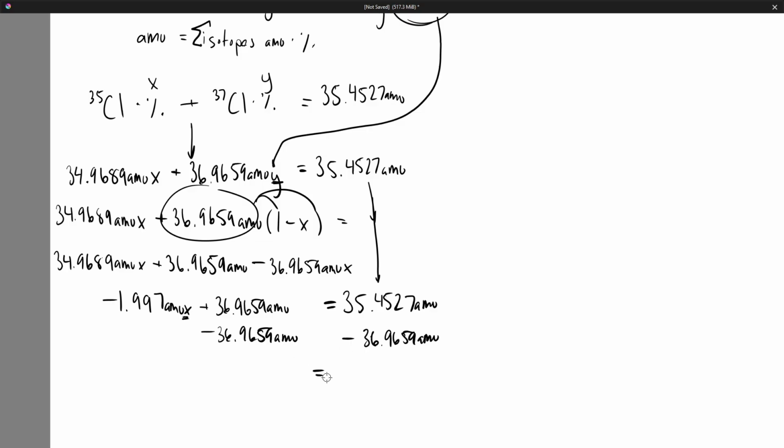That gives us negative 1.5132 amu equals negative 1.997 amu x. To isolate x, we divide both sides by negative 1.997 amu.